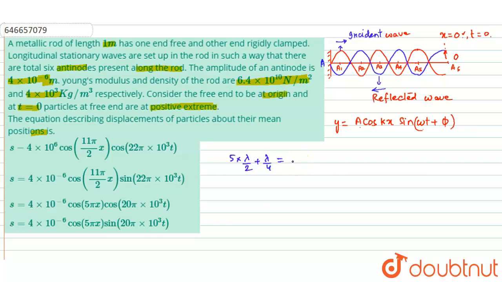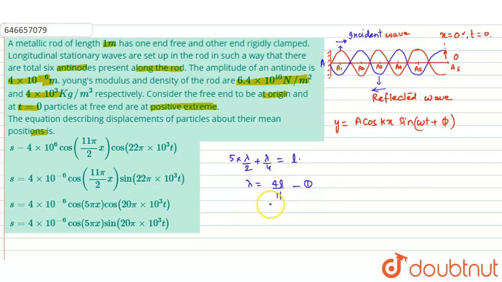This will be equal to the total length of the rod. From here you can calculate the value of lambda, which comes out to be 4L divided by 11. Let this be equation number 1.